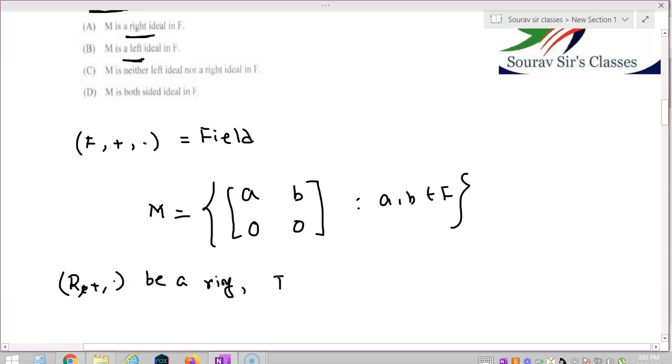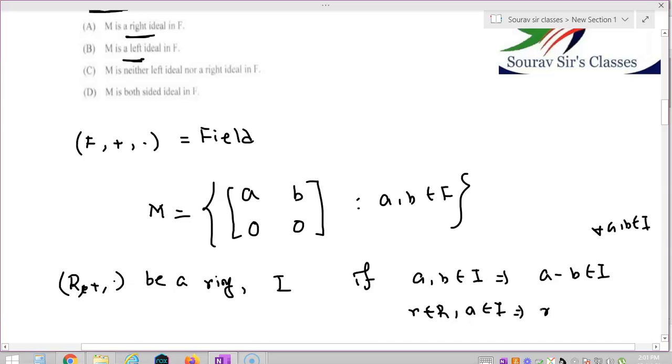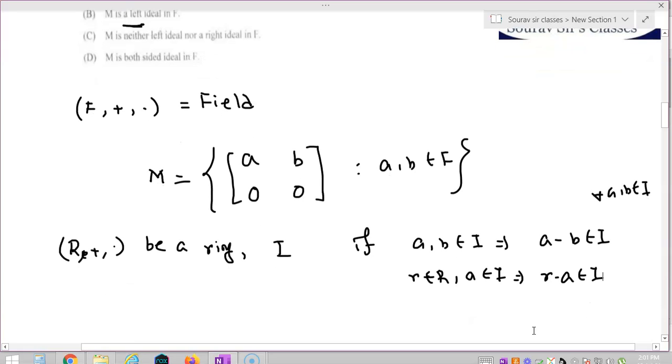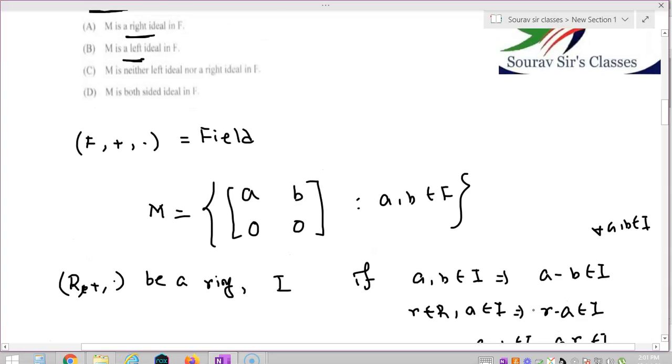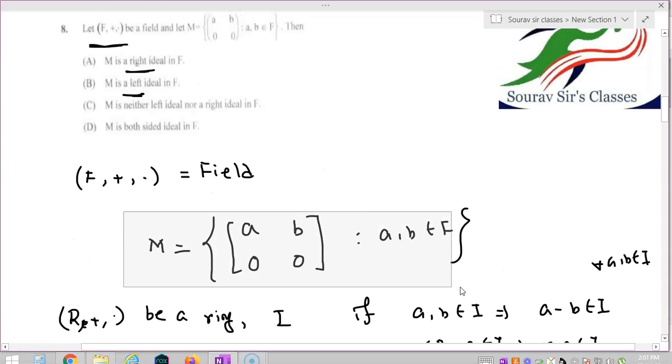A non-empty set I is called a left ideal of R if a, b belongs to I implies a minus b belongs to I, for all a, b belongs to I, and for r belongs to R and a belongs to I, r into a belongs to I. Then we say that this set is a left ideal. Similarly you can define right ideal: a minus b belongs to I and ar belongs to I, for all a belongs to I and r belongs to R. So we have to check whether this set is a left ideal or a right ideal.